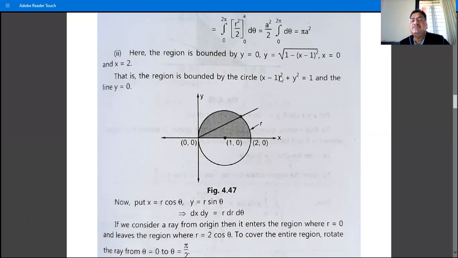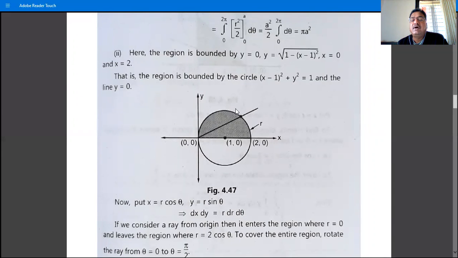That is, (x minus 1) whole square plus (y minus 0) whole square is equal to 1. This is the equation of a circle in the form (x minus a) square plus (y minus b) square, with center 1 0, and the radius is 1.